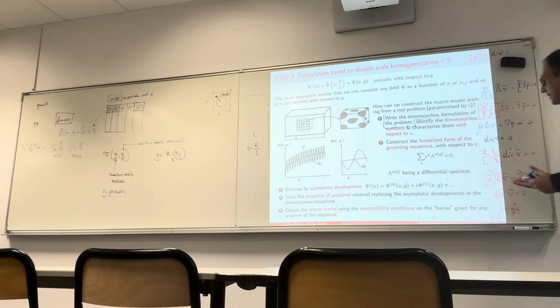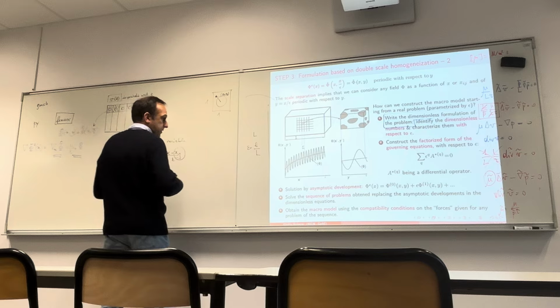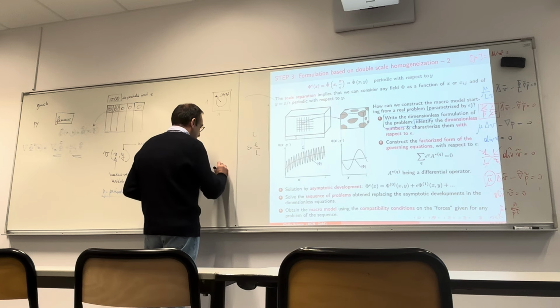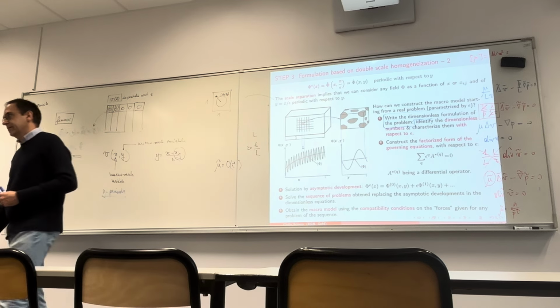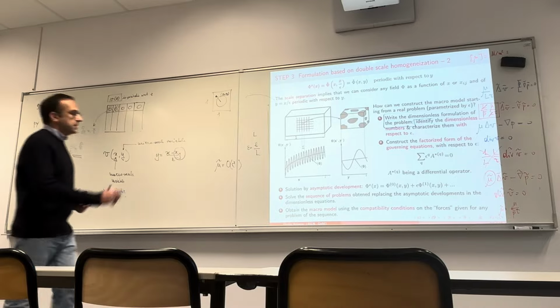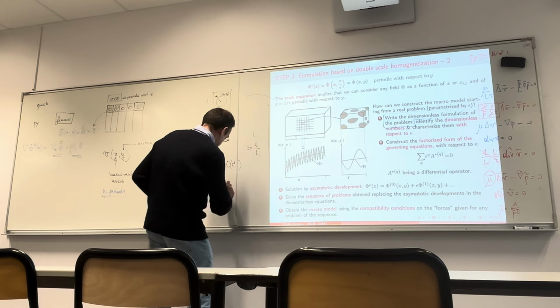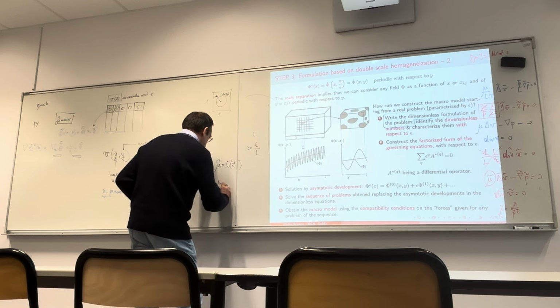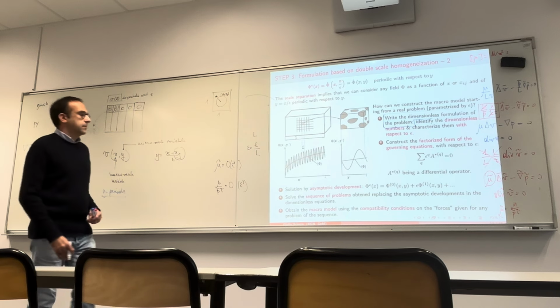But what does it mean, assuming a hypothesis on that? It means, for instance, here, typically what we say is that this mu tilde is of order epsilon square. This is what typically we assume. So this means that the ratio between mu and p bar by tau is of order epsilon square.